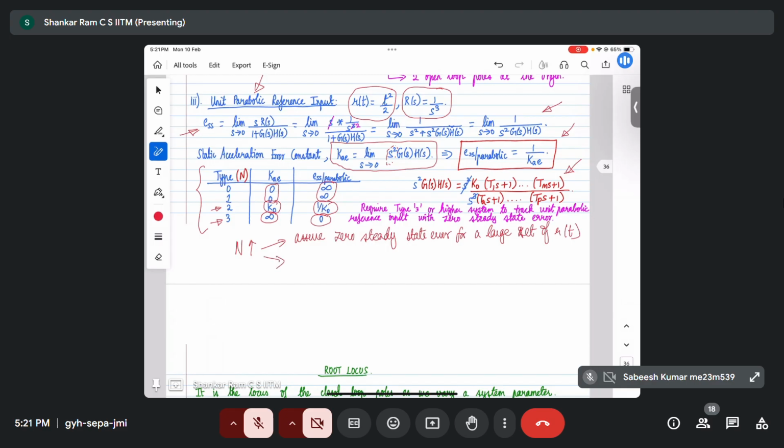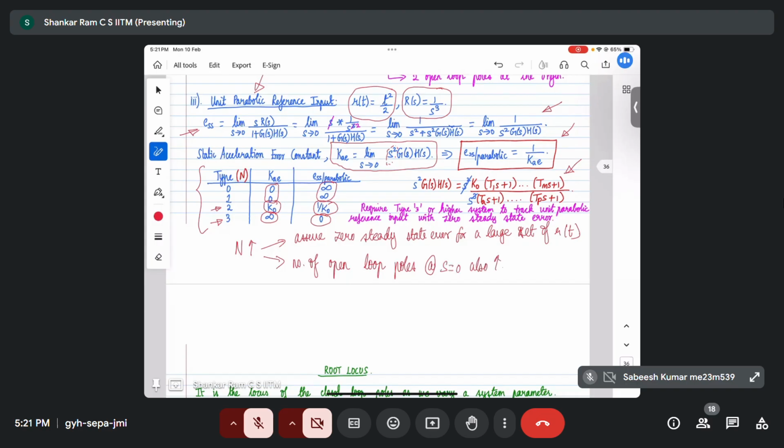But if I increase n, the flip side is the number of open loop poles at s equals 0 also increases, and the zeros at s equals 0 also increase. So that is a trade-off.